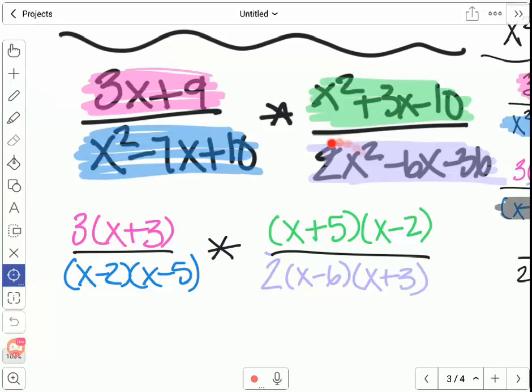And again, I got that because there's a GCF here that I took out, and once I took that GCF out, I was able to factor that again.